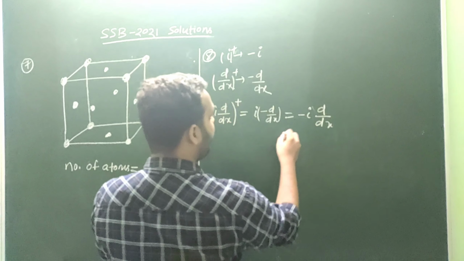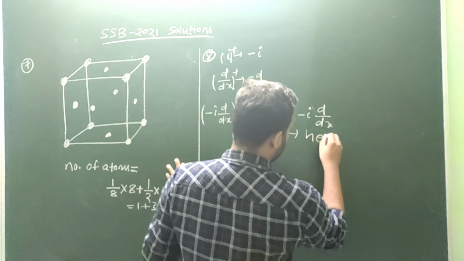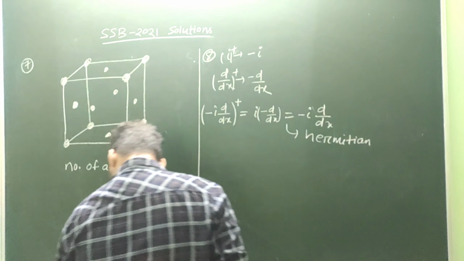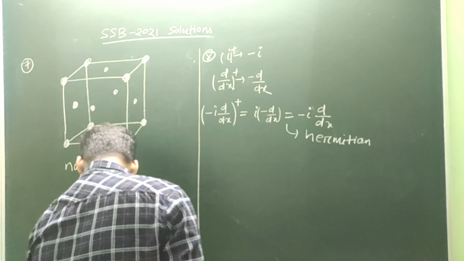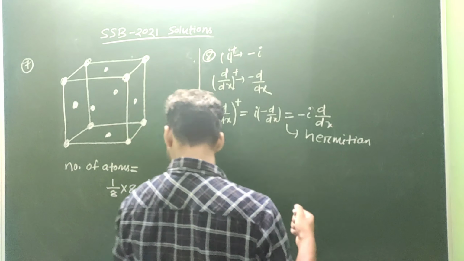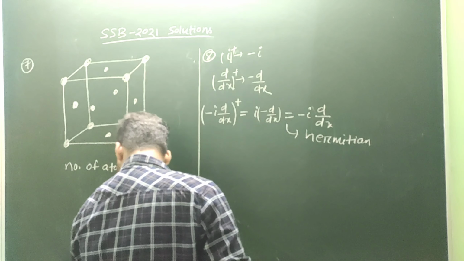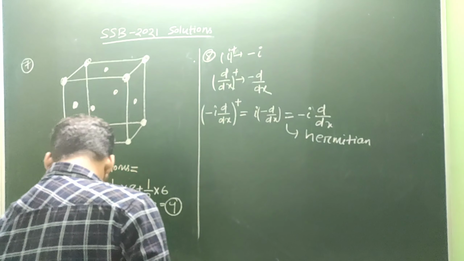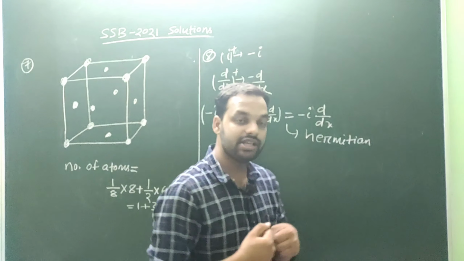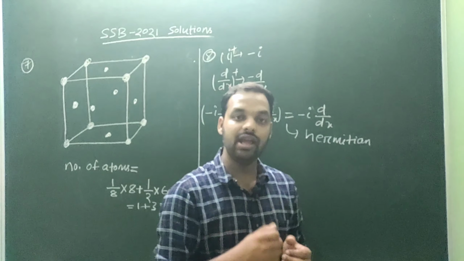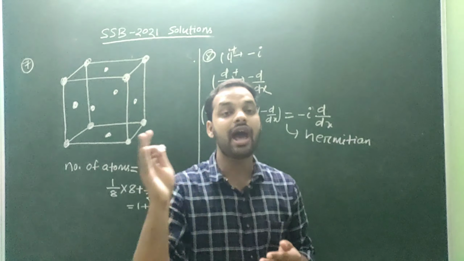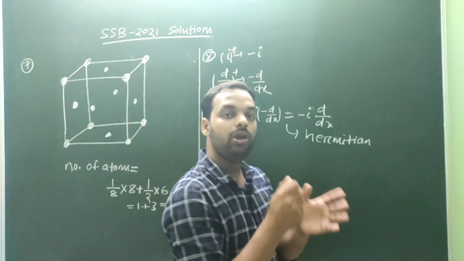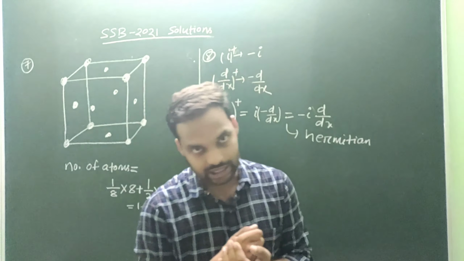So this will be Hermitian. And other 2 options, there is one i d square by dx square and minus i d square by dx square. So these will also be anti-Hermitian. Because d square by dx square is Hermitian, but i is not Hermitian. So the product of those two will give you anti-Hermitian, right?